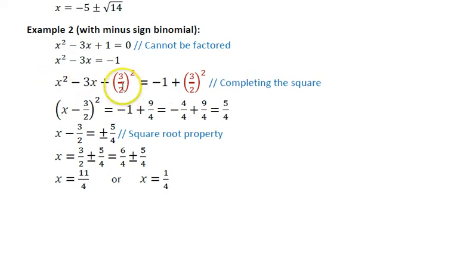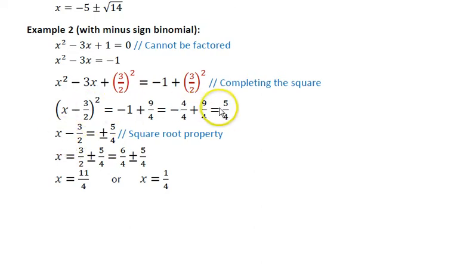This produces, again, a perfect square trinomial of the form x minus 3 halves squared is equal to negative 1 plus 3 halves squared. Square the numerator and square the denominator, it is 9/4. Negative 1 as fourths is negative 4/4, added to 9/4 gives us 5/4.